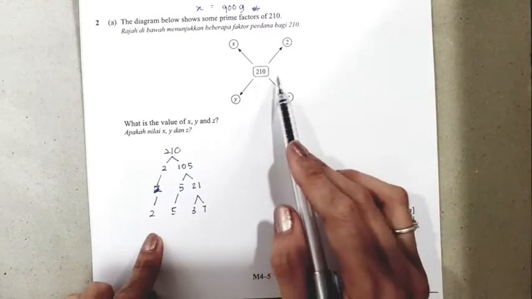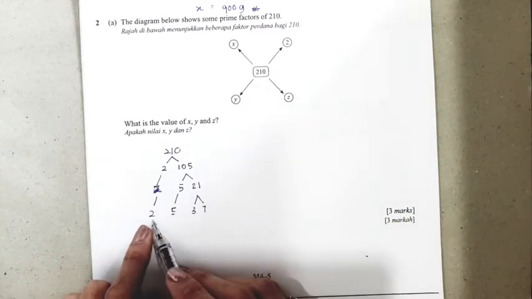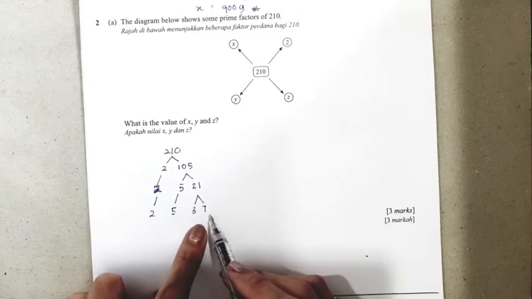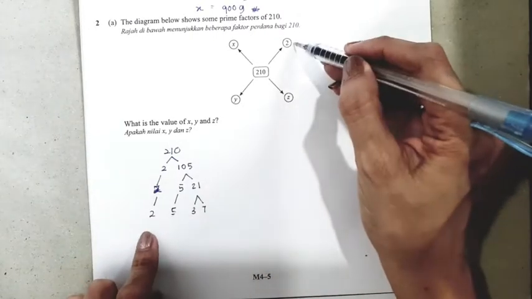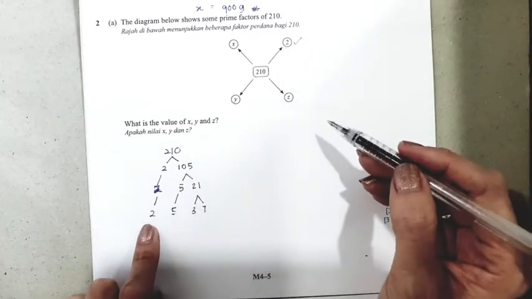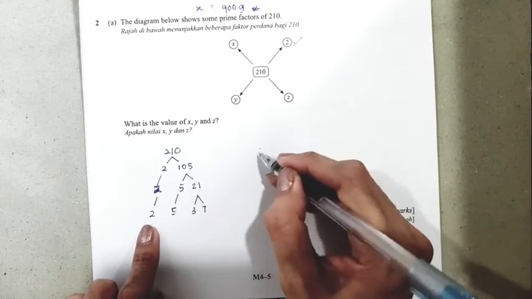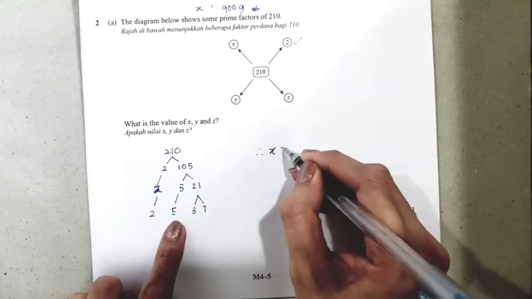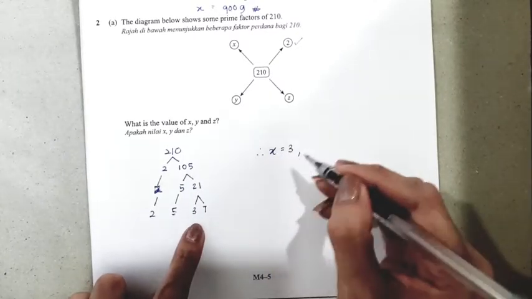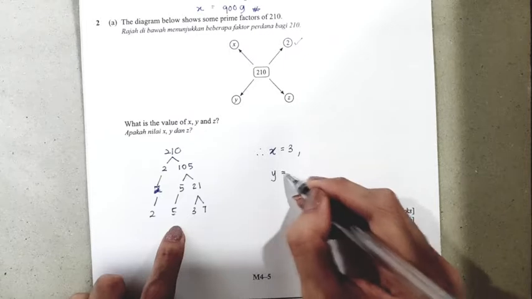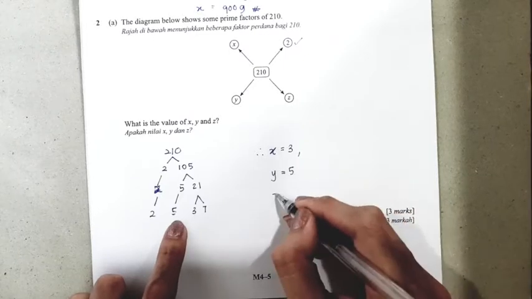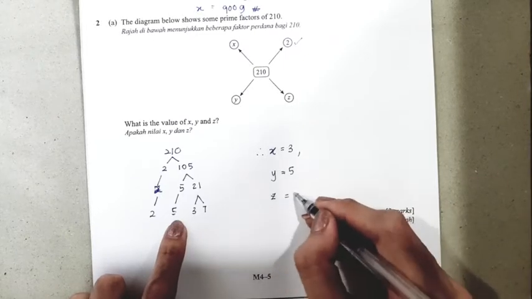So 210 is the result of 2 times 5 times 3 times 7. So we have already one prime factor 2 over here. So therefore x must be 3, and then y must be 5, and z must be 7.